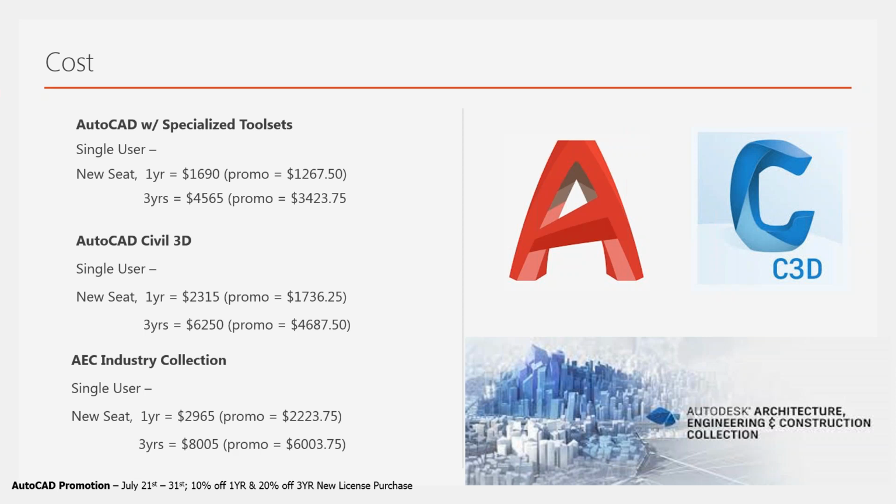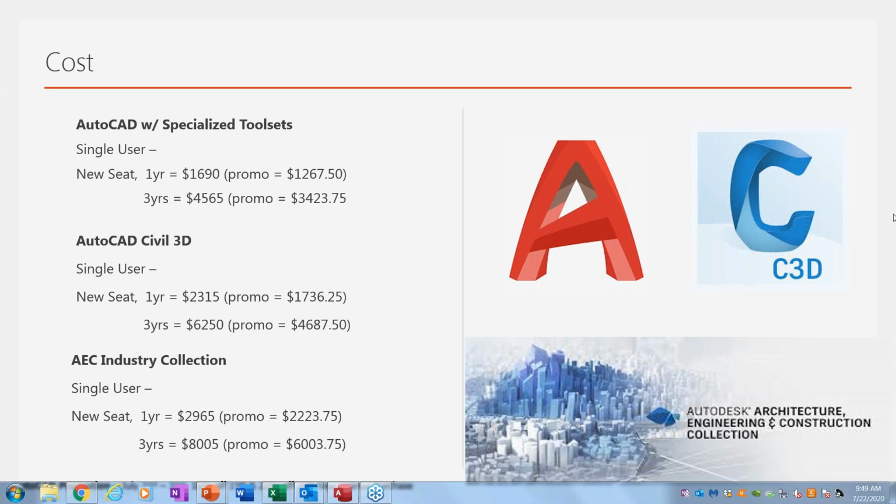So another question that's just popped up: will you still be able to run the Carlson Survey OEM version of AutoCAD? That's going to be completely separate from what Dwayne's talking about here. The AutoCAD OEM that comes with Carlson, Carlson handles all that licensing internally.